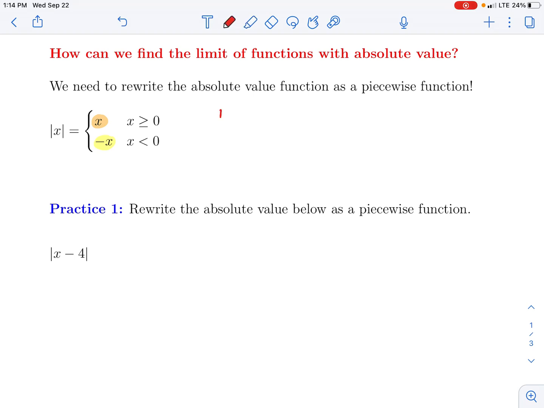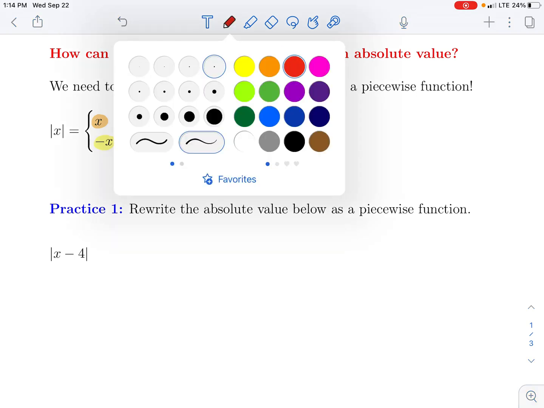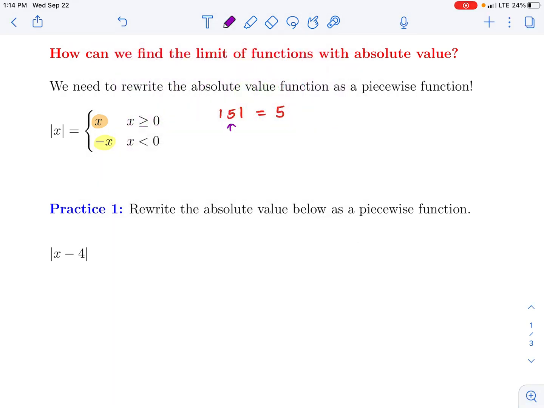So here, based on this, right, the absolute value of 5 is, of course, 5. So you can see how my input is the same as my output, right? So that's what it's saying here. When I plug in x and x is positive, I'm going to get out x. Now, when x is negative, though, what happens is it becomes 5, right?